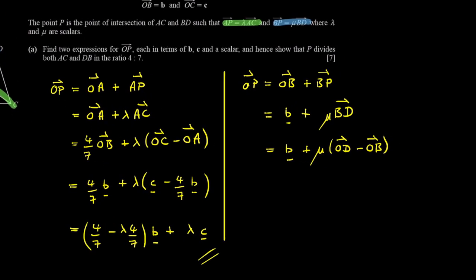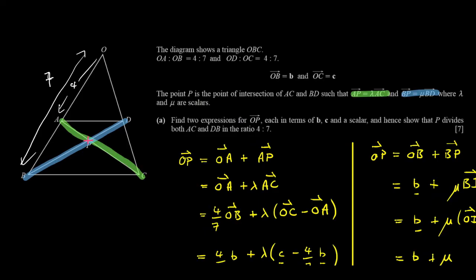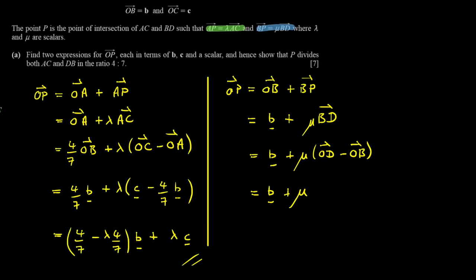And let's try to simplify that out. So we've got B here plus mu. Now, what is OD? Well, we're told in the question that the ratio OD to OC is also 4/7. So that distance there is 4, that distance there is 7. So OD is going to be 4/7 of OC. So OD is equal to 4/7 of the vector OC.